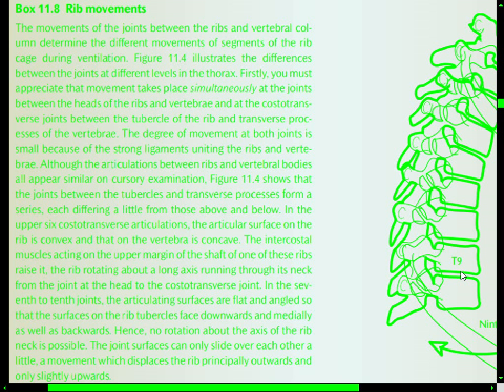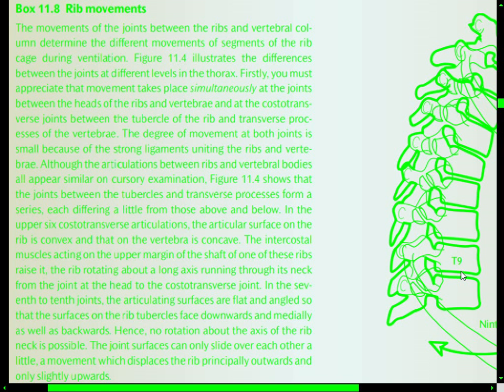I don't understand this last sentence, but what I get from this is that in the 7th, 8th, 9th, 10th joints, the articulating surfaces are flat, so they don't allow enough movement. It says here that they are angled so that the surfaces of the rib tubercles face downward and medially as well as backwards. I don't understand.